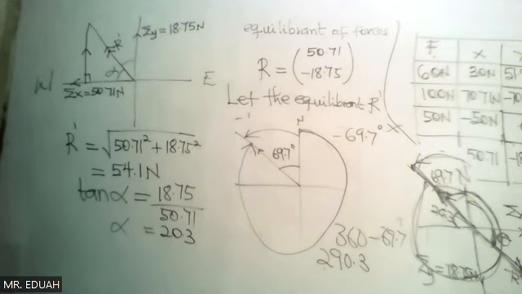So the total effect of all the forces is equal to 0. So we have to find the forces P and Q. First resolve each of them into components.